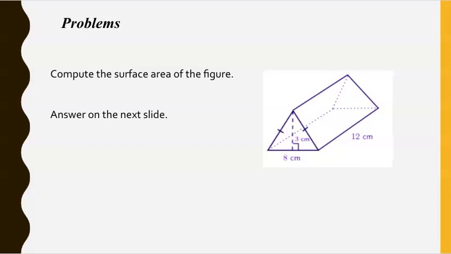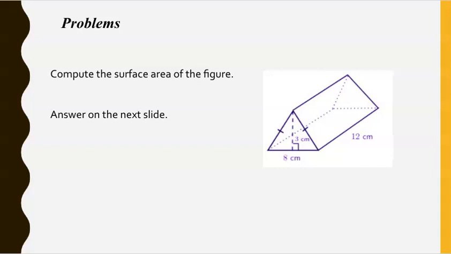So the area of the triangle is 12 square centimeters. Now, notice I have two triangles. So I could do 12 square centimeters plus 12 square centimeters, and I would be back to that 24 square centimeters for the area of our bases.